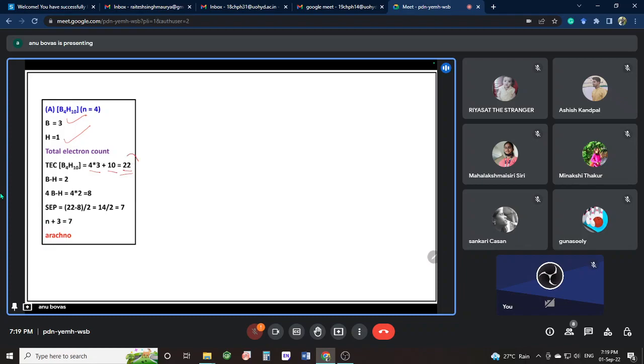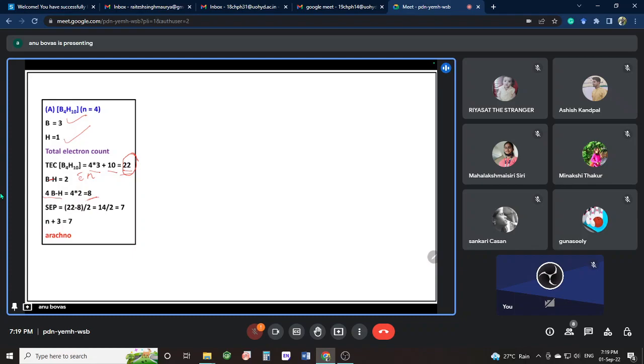And among 22, how many BH units are there? There are 4 boron, so 4 hydrogen will constitute 4 BH units. Each BH unit requires 2 electrons for its formation, since it is a sigma bond, as we have discussed earlier. In this cluster, since there are 4 BH units, 4 into 2 equals 8 electrons required for BH bond formation.